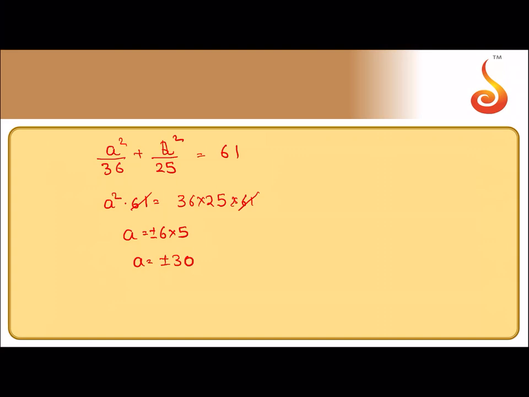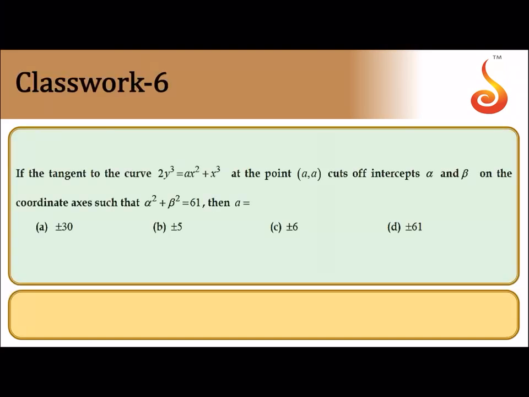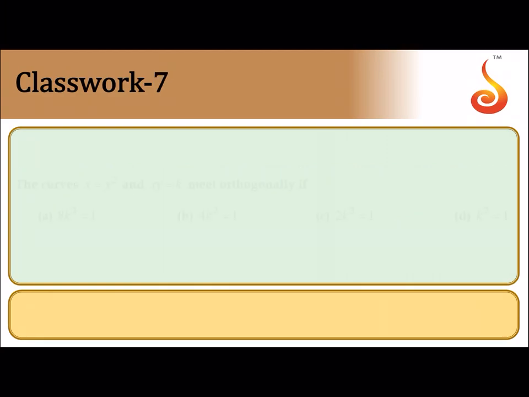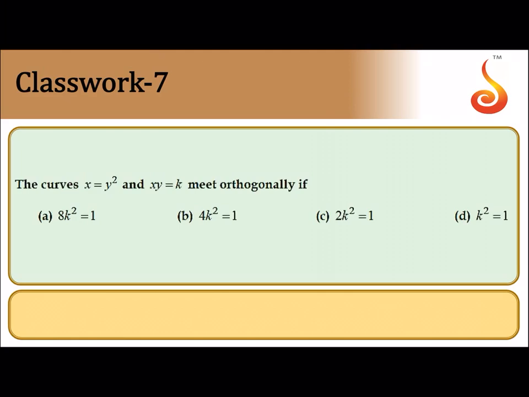A will give you 6 into 5, so a equals plus or minus 30. Example 6, option A is correct.